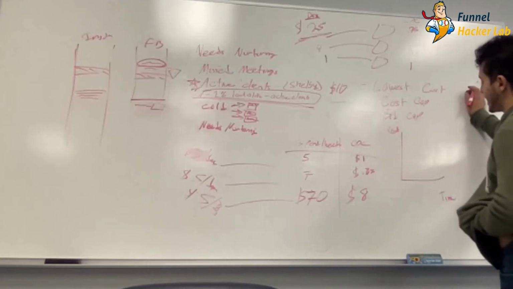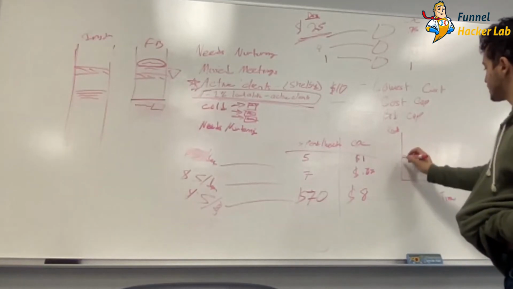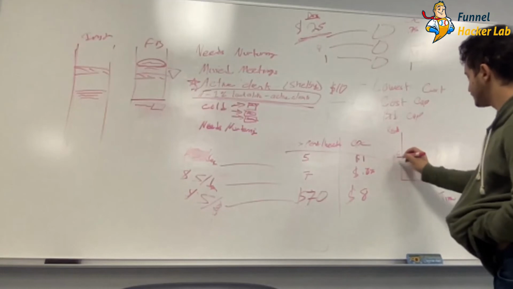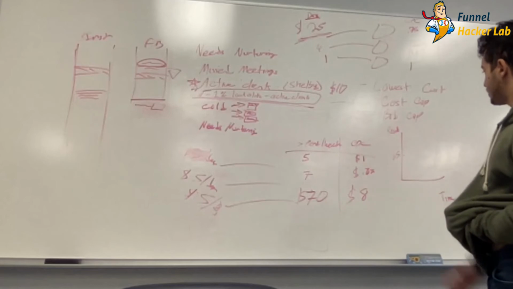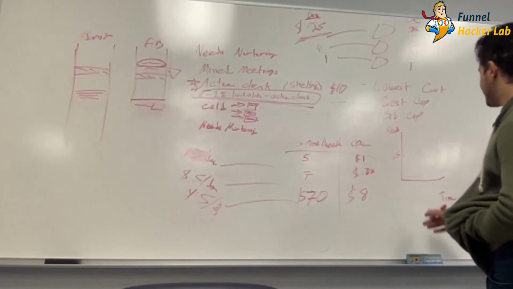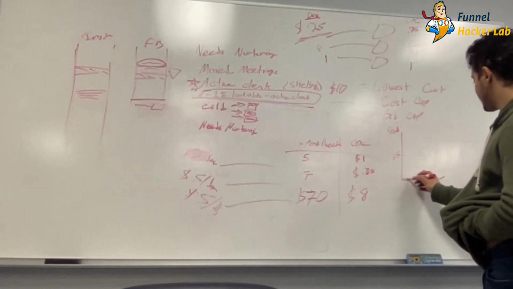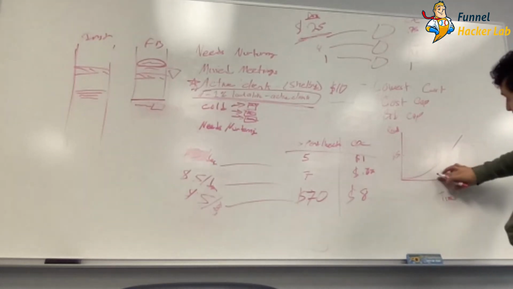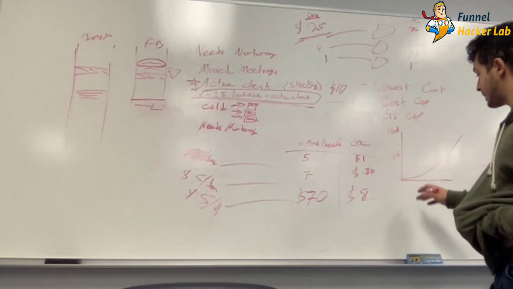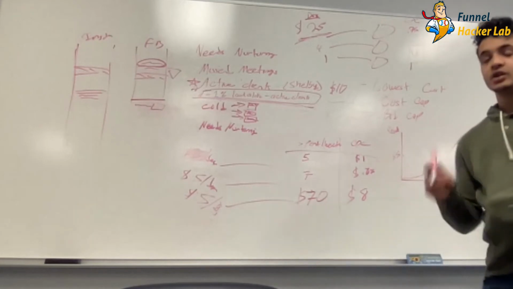What lowest cost aims to do is, if you put the lowest cost at around $5, actually you wouldn't put a lowest cost, but if you did, the graph would look kind of like this. Because of how it runs this algorithm, it aims to get the lowest cost first.